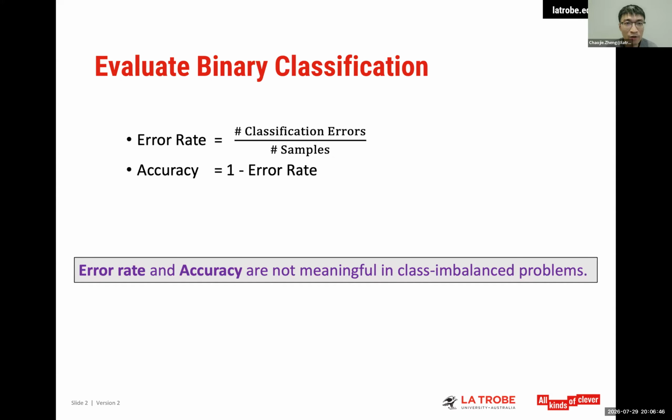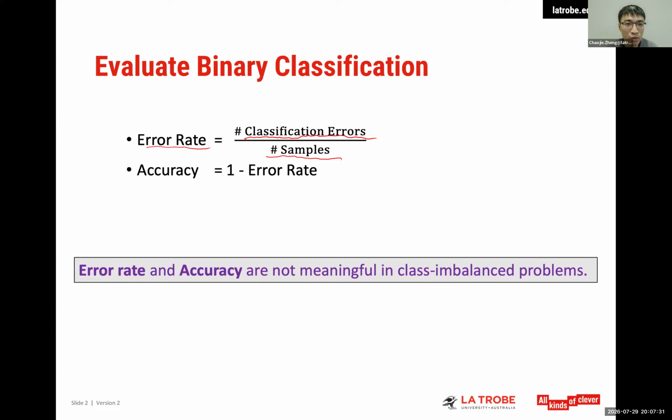For a classification task, we get predictions and we have true labels. We compare the model prediction and the true label to see if the prediction is correct or not, and then we can get the classification errors. That is the count of how many predictions were made wrong. The incorrect classification number divided by the total number of samples, or total number of predictions, gives the error rate.